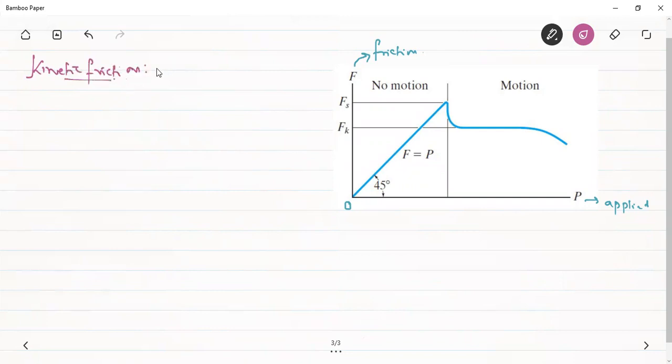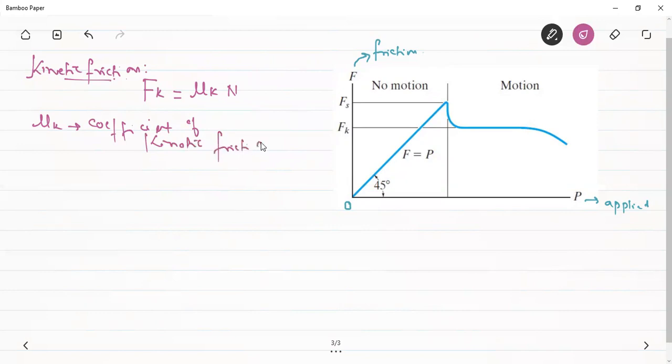Kinetic friction is represented by Fk. It is also equal to mu k N, where mu k is the coefficient of kinetic friction. And usually mu s is greater than mu k.